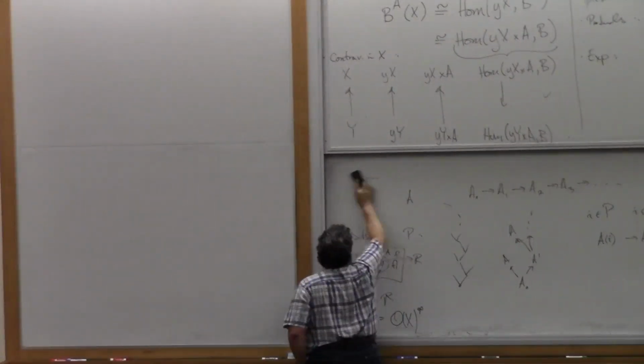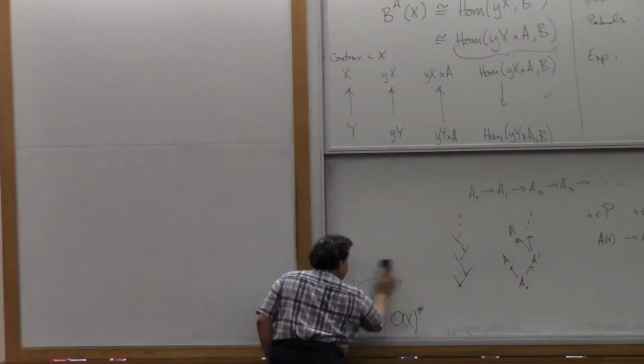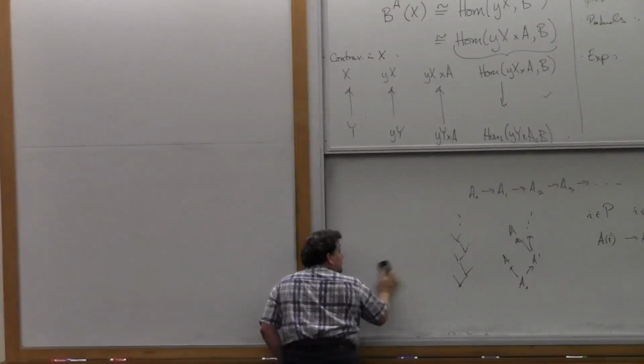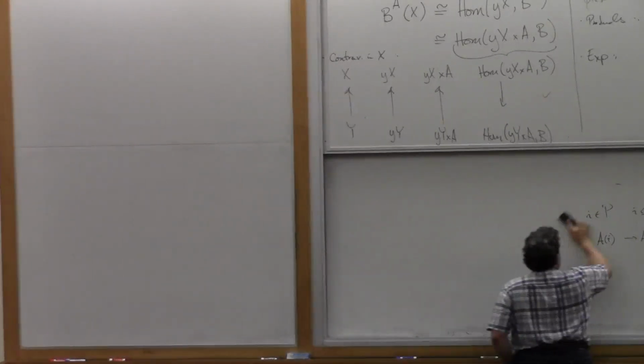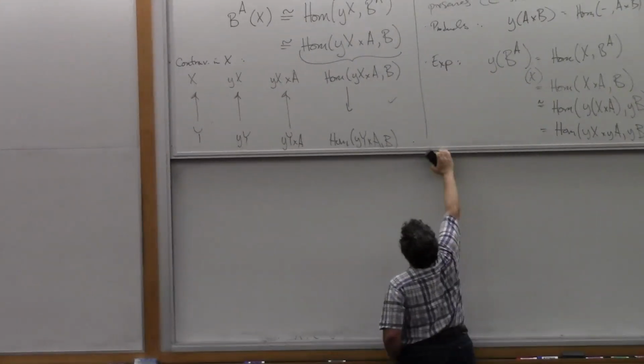You need to have category theory in order to recognize the concept of adjointness and then develop its basic properties.